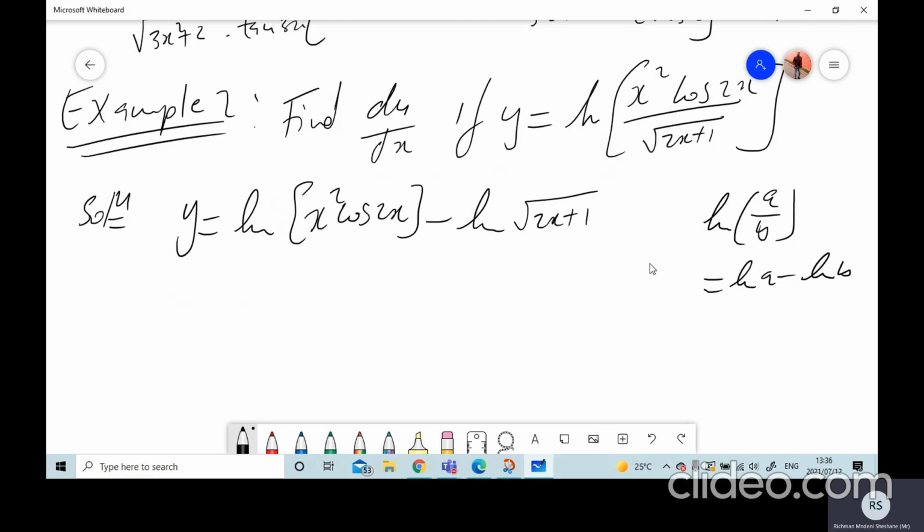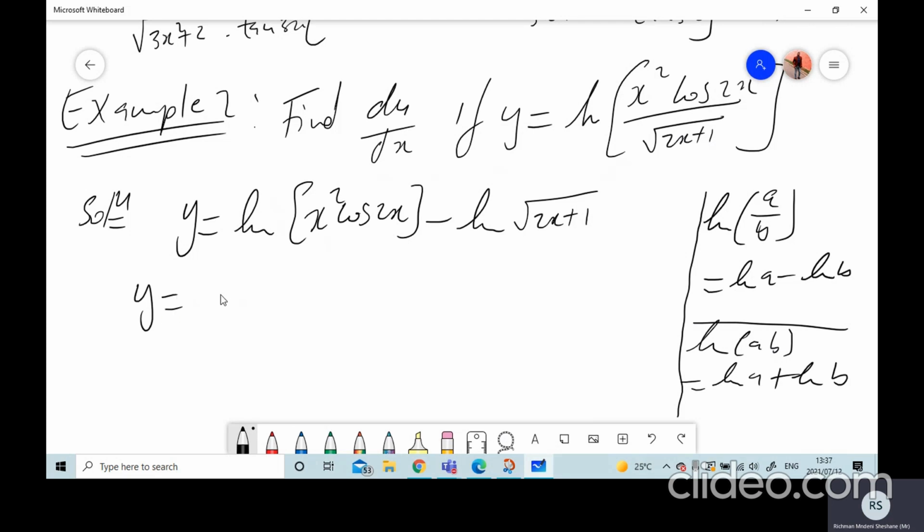And also I can still see one of the three properties that I gave you, ln of a times b. This is ln of a plus ln of b. I still see this property here in my first term, ln of a times b. I can treat my first function as a and b and then just apply this log property.